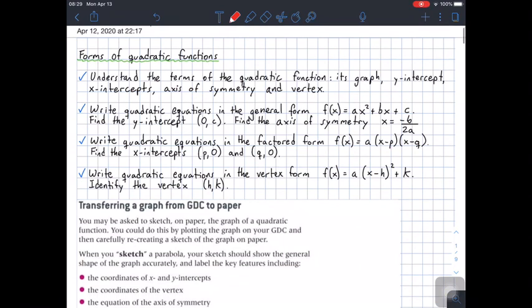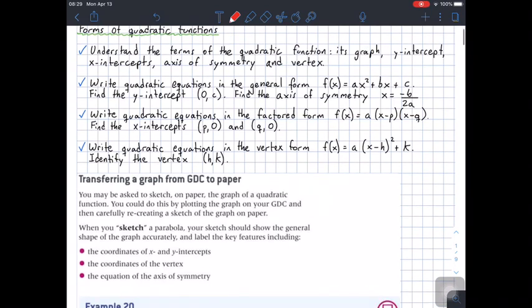Then write quadratic equations in the general form, f of x equals ax squared plus bx plus c. Find the y-intercept, which has coordinates 0, c, and find the axis of symmetry by applying the formula x equals negative b over 2a. Then, objective number 3, write quadratic equations in the factored form, f of x equals a times x minus p times x minus q.